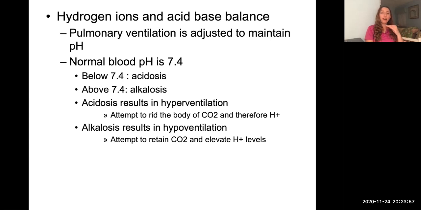So during alkalosis, when your blood pH is above 7.4, let's say you had a panic attack and you start breathing really heavy. You need some level of hydrogen ions, which come from CO2.